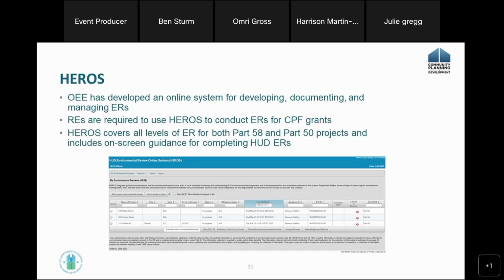And most helpful to me, HEROS streamlines the submission of the request for release of funds as well as the public comment process. So definitely use HEROS, and we recommend you use a lot of the resources that we have available to take a look at. Next slide, please.